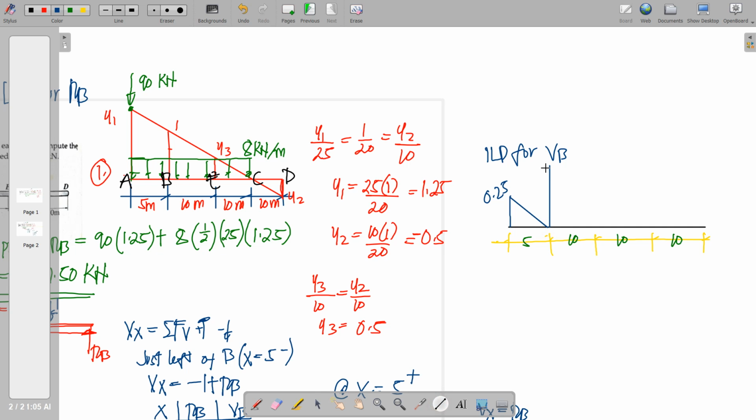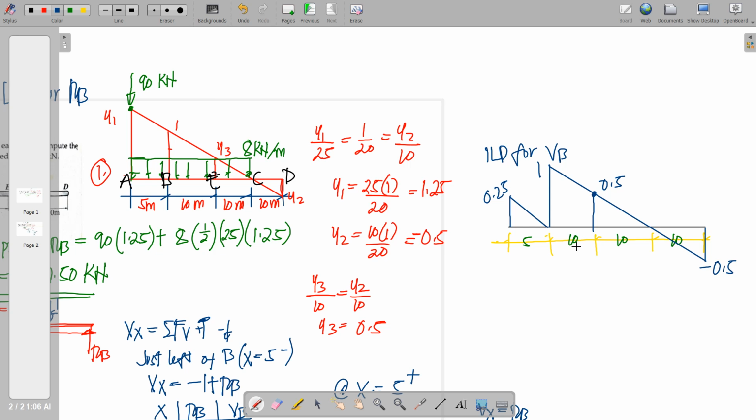So it will become 1, and then it will pass through C. Passing through C and following this dimension, say this is 1, we have here the value of y3, that is 0.5, and this is negative 0.5 as well.